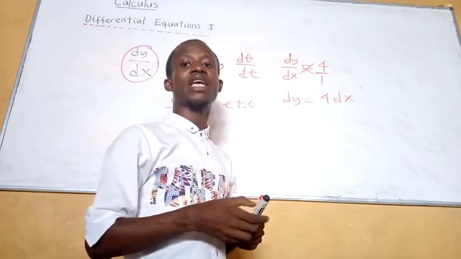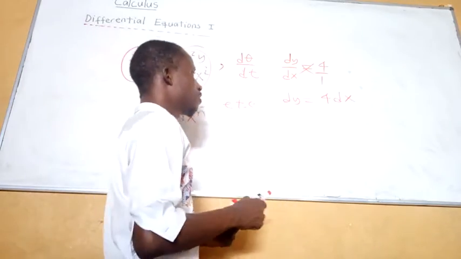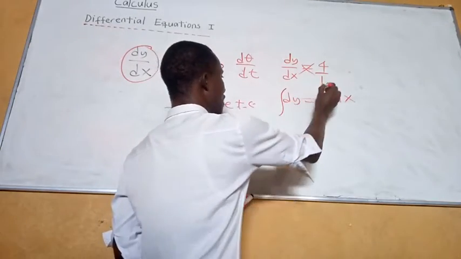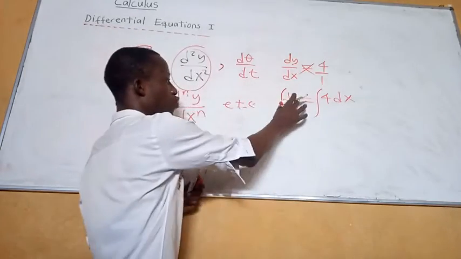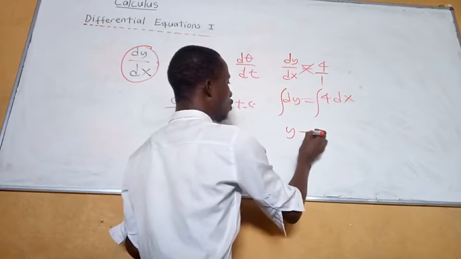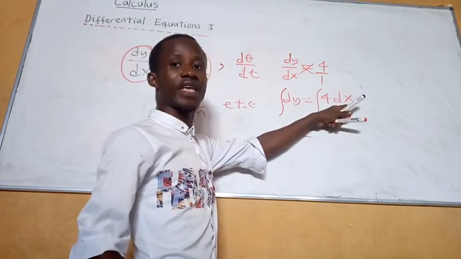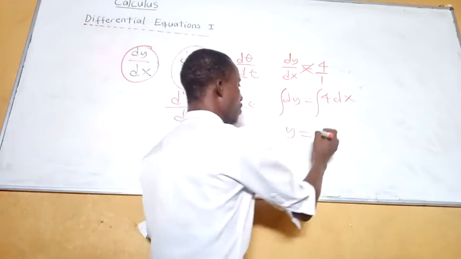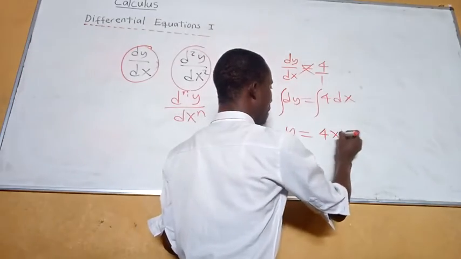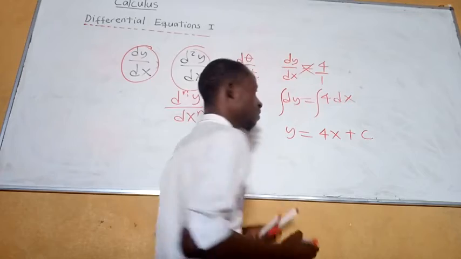We can now take our integral both sides. Taking the integral both sides, if we integrate dy, we have y; 4 is a constant, so we bring 4 out. If we integrate dx, we have x. So here we have y = 4x + c, some constant c.